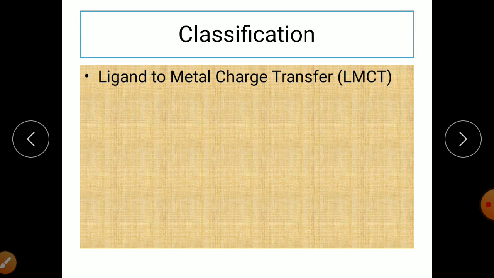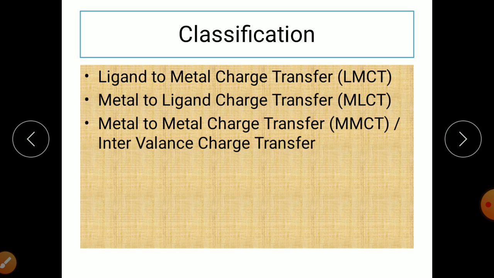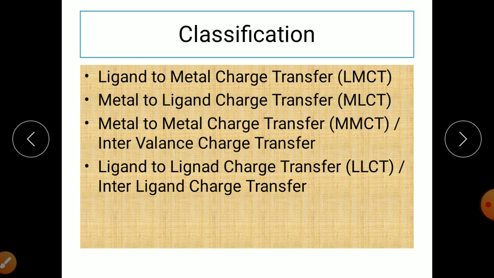The charge transfer spectra are classified into four types. One is ligand to metal charge transfer, metal to ligand charge transfer, metal to metal charge transfer, and ligand to ligand charge transfer. Means LMCT, MLCT, MMCT.